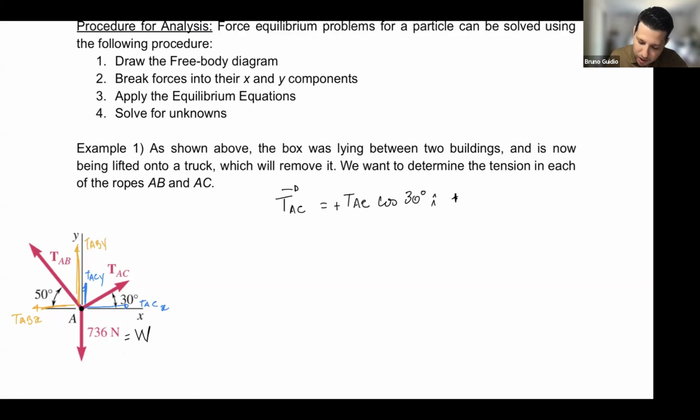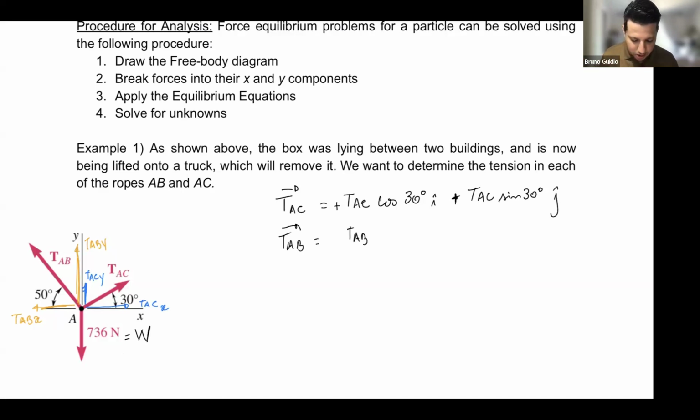The y component is also positive, sine of 30 j hat. TAB, I don't know its magnitude.